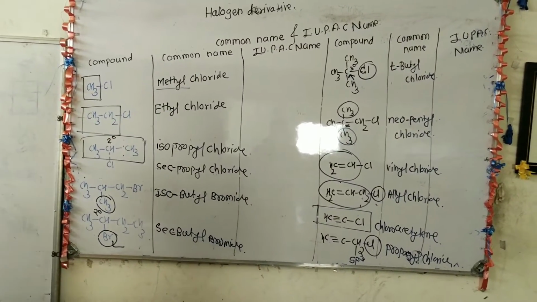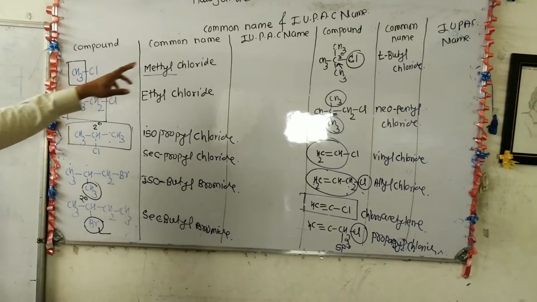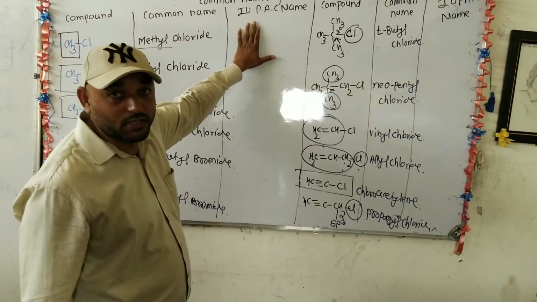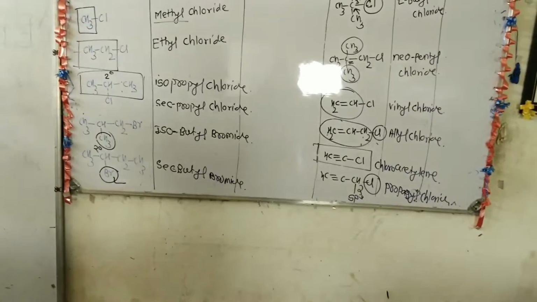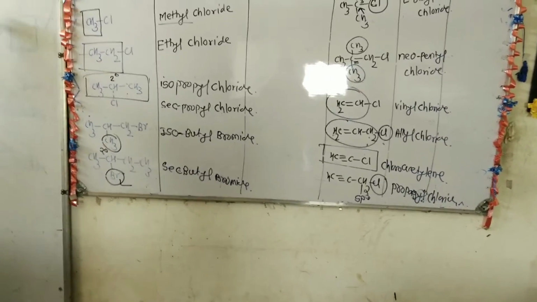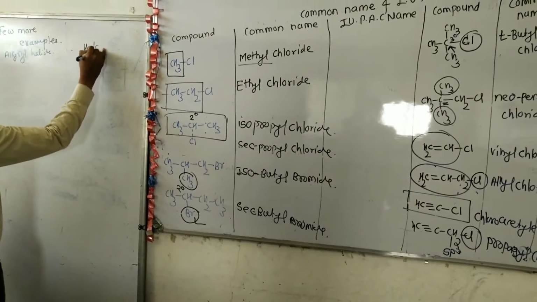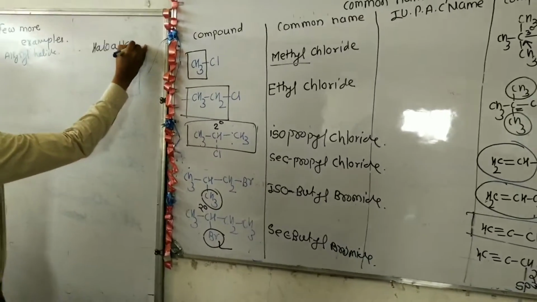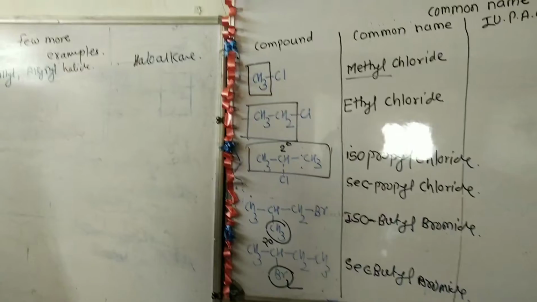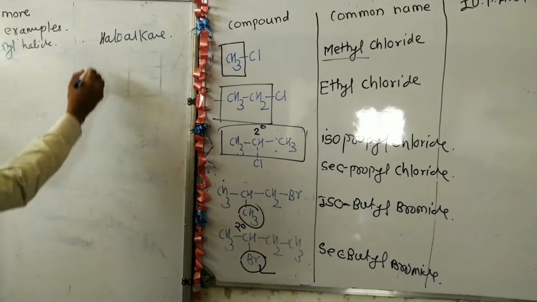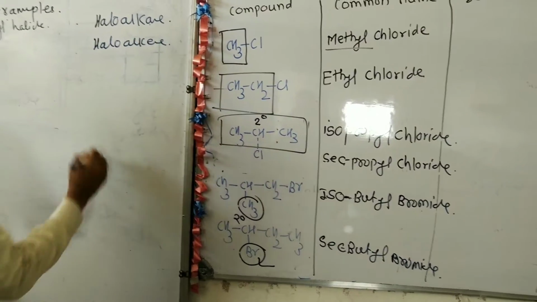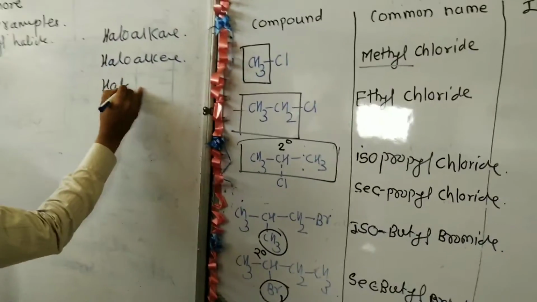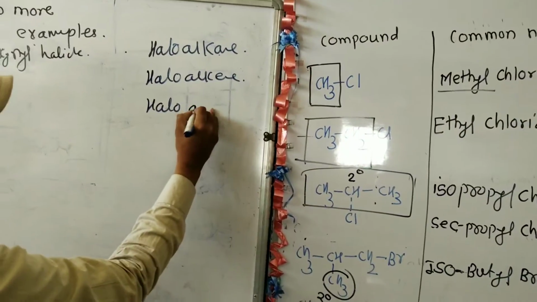So how to give an IUPAC name to such compounds? The IUPAC name is given as haloalkane or haloalkene or haloalkyne.